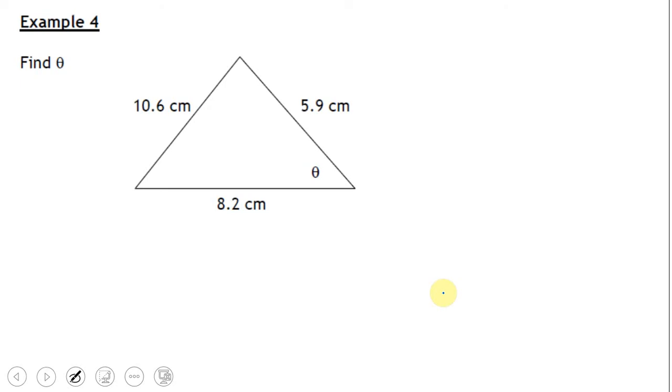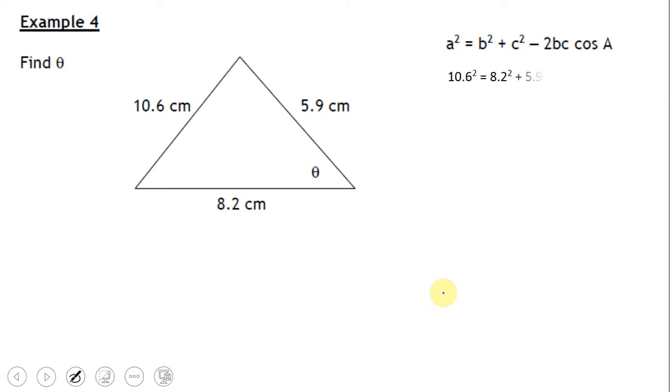Now in this example, we want to find the angle, and we've got all three sides. So again, with all three sides and an angle, including the unknown, it's best to use the cosine rule. So using a squared equals b squared plus c squared minus 2bc cos of A. Now theta will have to be the capital A because it's the only angle involved, and therefore little a will be the opposite side to that angle, the 10.6.